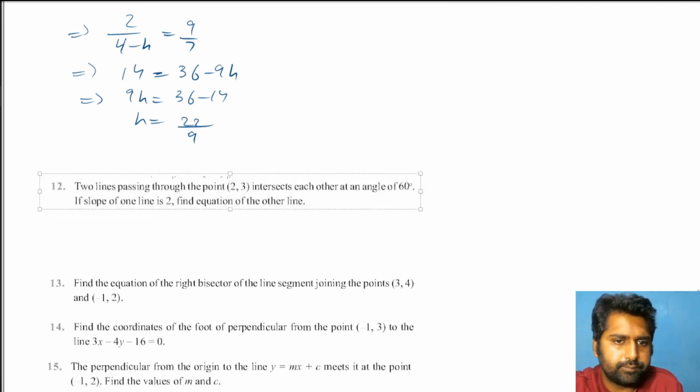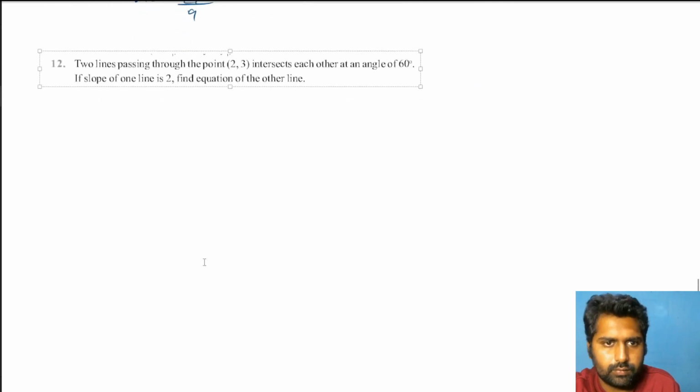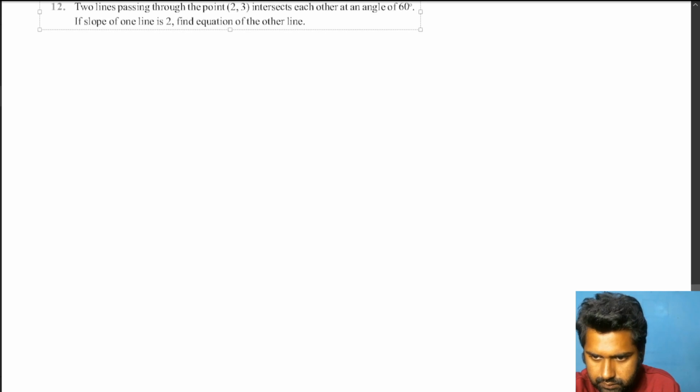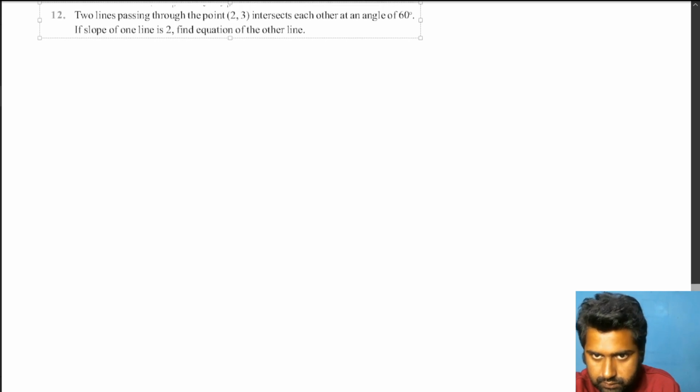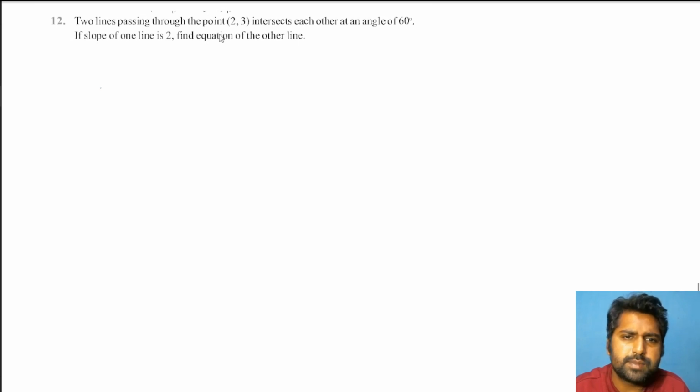Okay, next one. It's saying two lines pass through this point and intersect each other at 60 degree. So let's first of all draw it to understand.